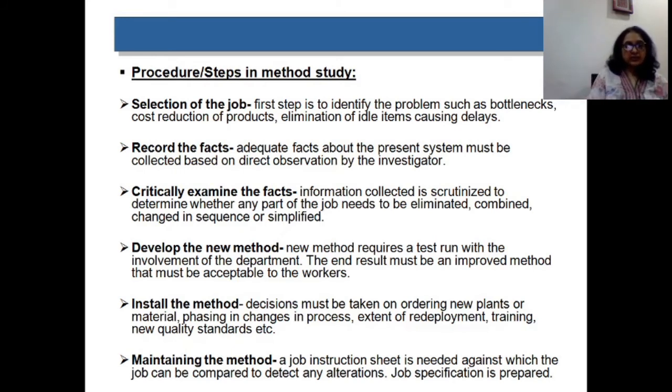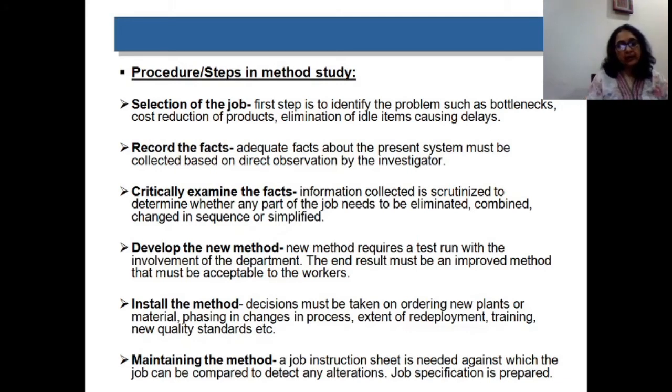Then the fourth step is develop the new method. Now, the development of whatever method is being developed first requires a test run to check its feasibility. And for that, the involvement of the department again is very important.